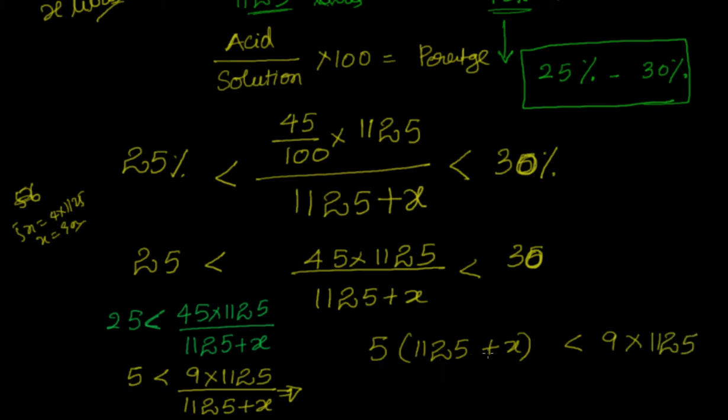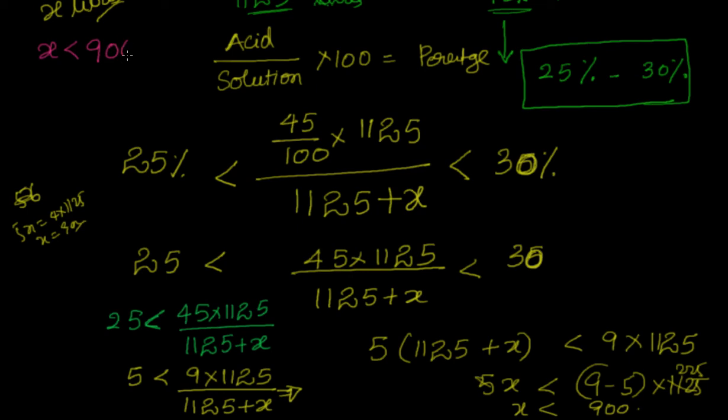Now 5 into 1125 plus 5x, so I can say 5x less than 9 minus 5 into 1125, or you can say x less than 5 into 225, and 225 into 4 is 900. So x should be less than 900.